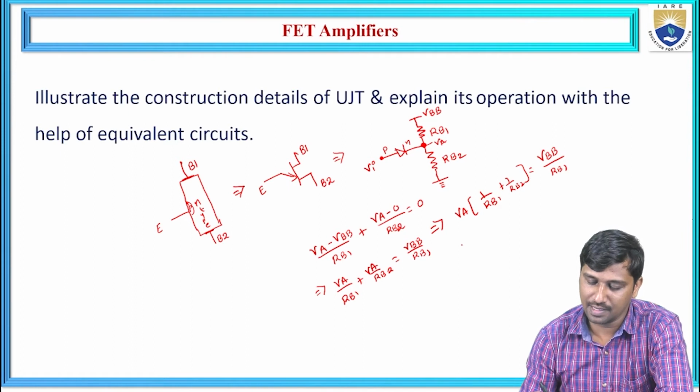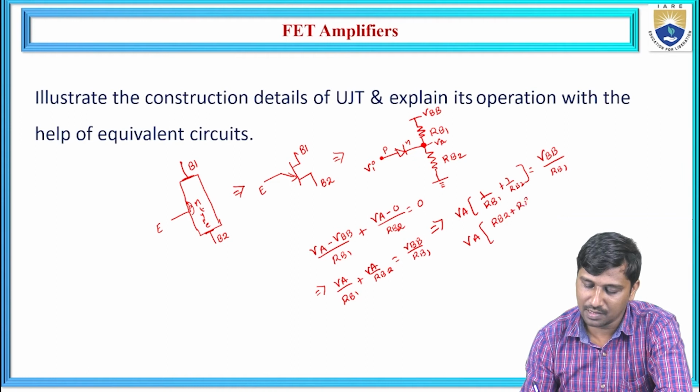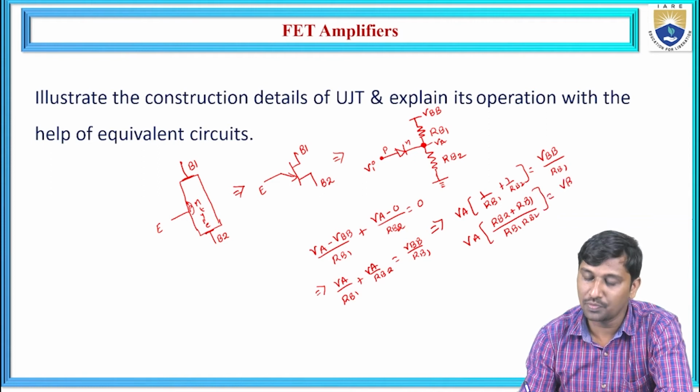If you take the LCM, RB1 RB2, this is VA times (RB2 plus RB1) by RB1 RB2, equal to VBB by RB1.